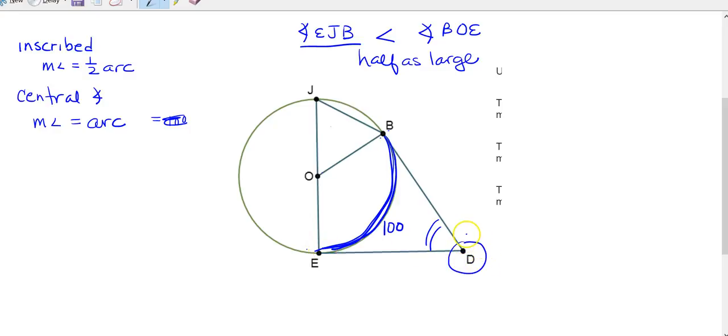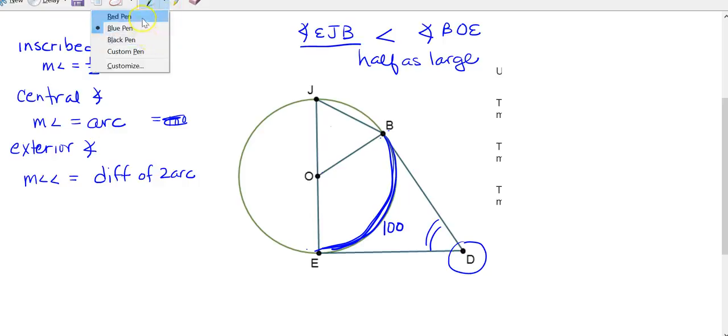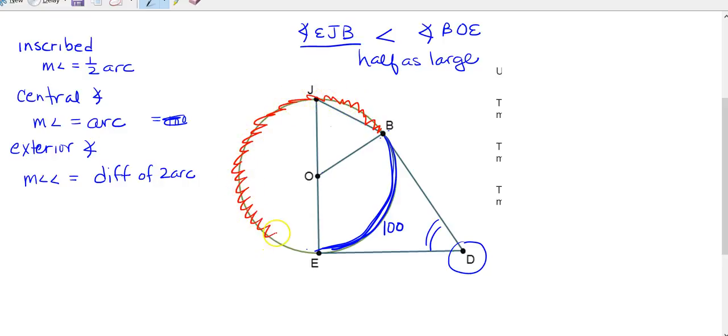This angle is what we call the exterior angle, so it's on the outside. So whenever you have an exterior angle, the measure of the angle is equal to the difference, so you have to subtract, of the two arcs. So one of the arcs is 100 for the sake of our example, and this is the other arc right here, correct? All right. So the question is, how might we find that value?